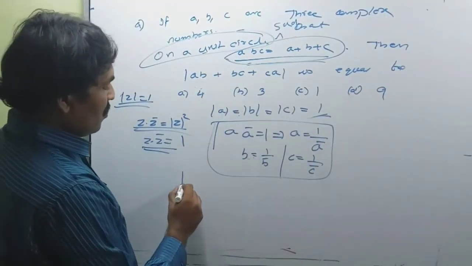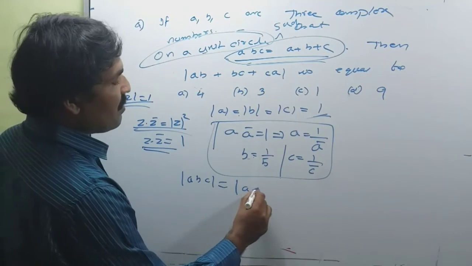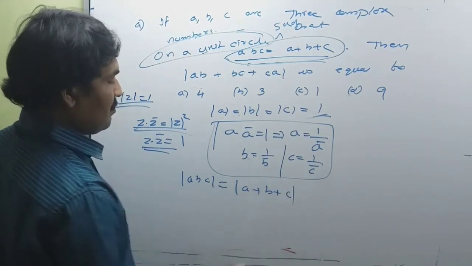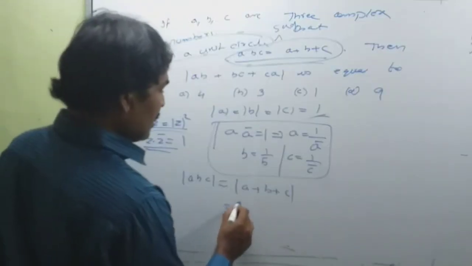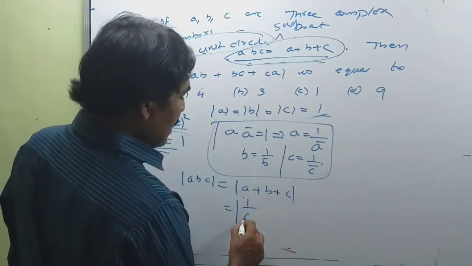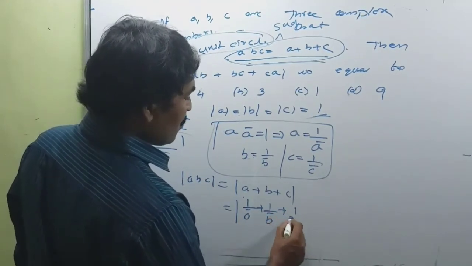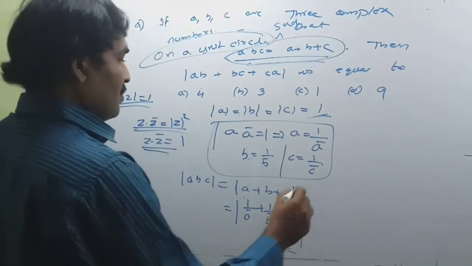So, mod ABC is equal to mod A plus B plus C. So this is equal to, with A equal to 1 by A conjugate, mod of 1 by A conjugate plus 1 by B conjugate plus 1 by C conjugate.